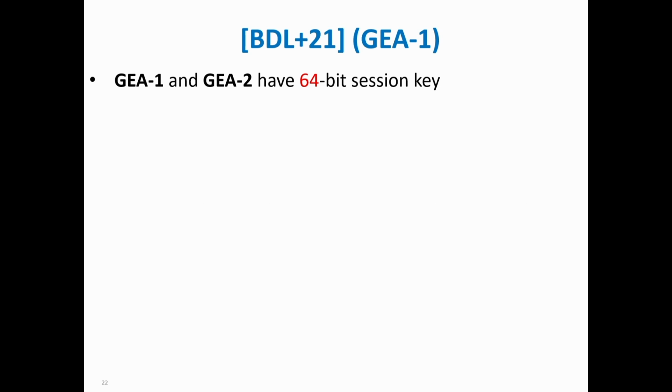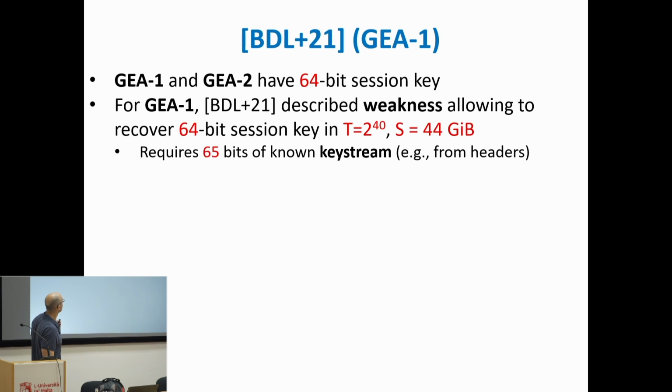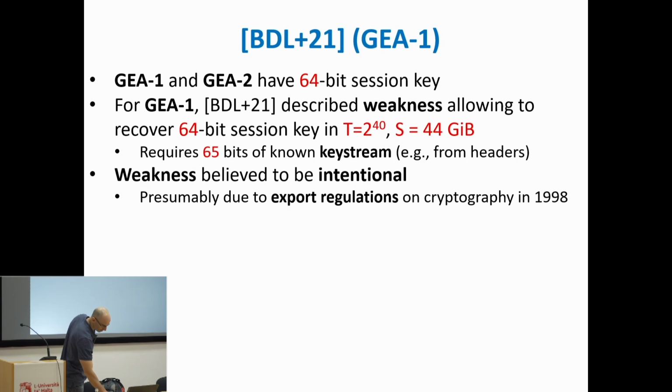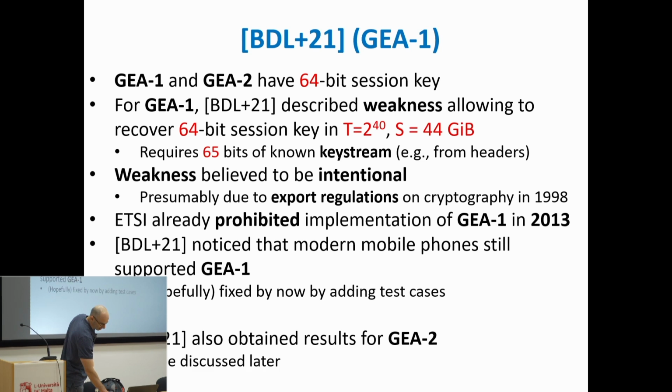Let me just remind you, GEA1 has a 64-bit session key, and a previous paper published last year described an attack based on a weakness in the cipher, with time complexity 2 to the 40, but a lot of memory. The weakness is believed to be intentional.